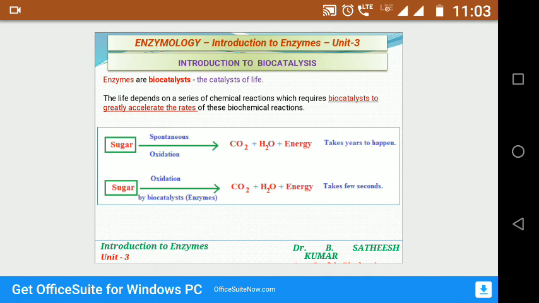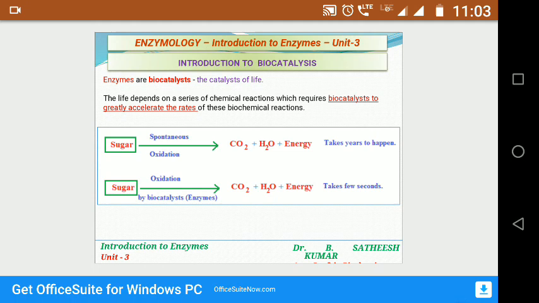In the same way, enzymes are also very important in biological systems where thousands, even lakhs of chemical reactions take place simultaneously within a given environment. Say for example, in a cell, every cell continuously carries out thousands of different chemical reactions per second simultaneously.